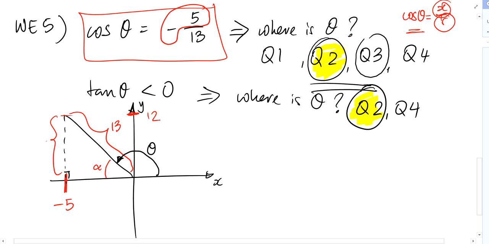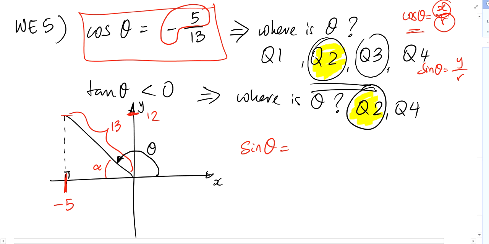Is it positive or negative 12? Positive. Why can't it be negative? Because it's above the x-axis. So we've got 12 units over here, and the y value will be 12. With this, can I now find out what is sine theta? We need to remember sine theta is y over r.